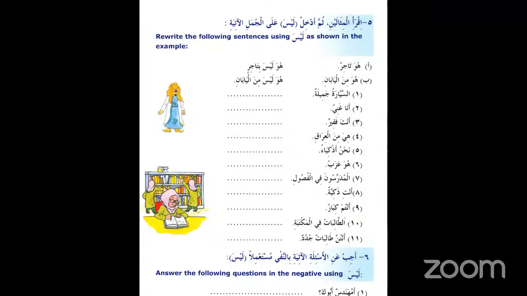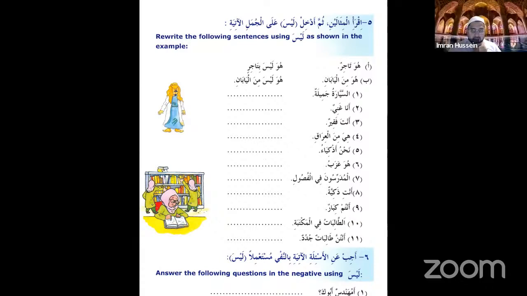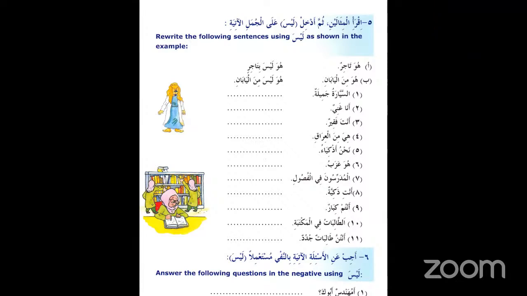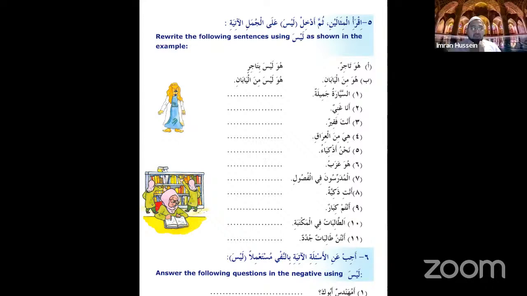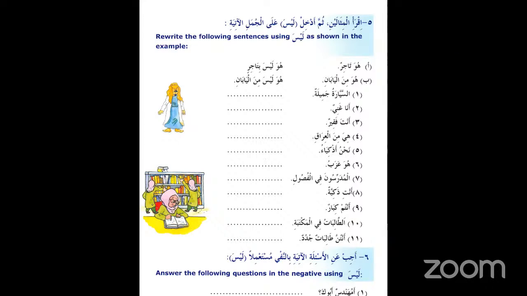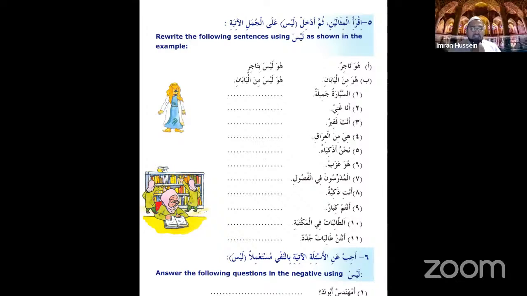Hiya laysat min Iraqi. Iraqi. Number 5. Nahnu lasna adhkiya'. Adhkiya'. What's that? Adhkiya'. Dhaki is intelligent, and adhkiya' is the plural.